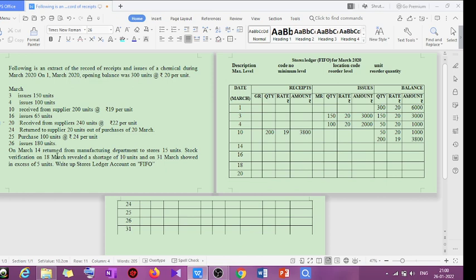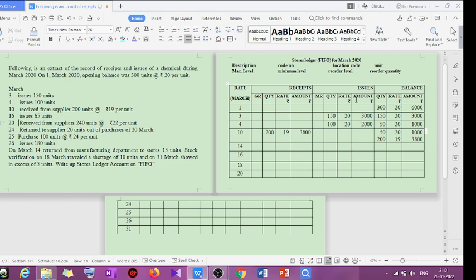Okay, so on 14th, returned from manufacturing department. Now you may get confused whether I should write it in the receipt or in the issues. Listen students, listen carefully. Always we will be receiving material from the suppliers, right? Then after that we will be issuing to the departments, right?